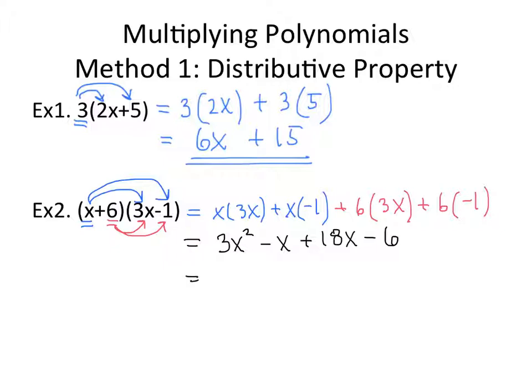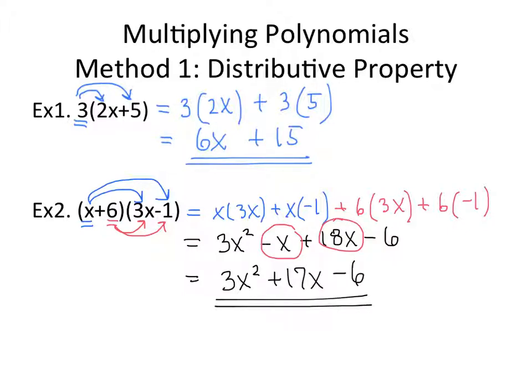But since the degrees of the second and third terms are the same, they both have x to the power of 1, they're going to combine. And when they combine, we end up with 3x squared plus 17x minus 6. And there is our polynomial expanded by multiplication.